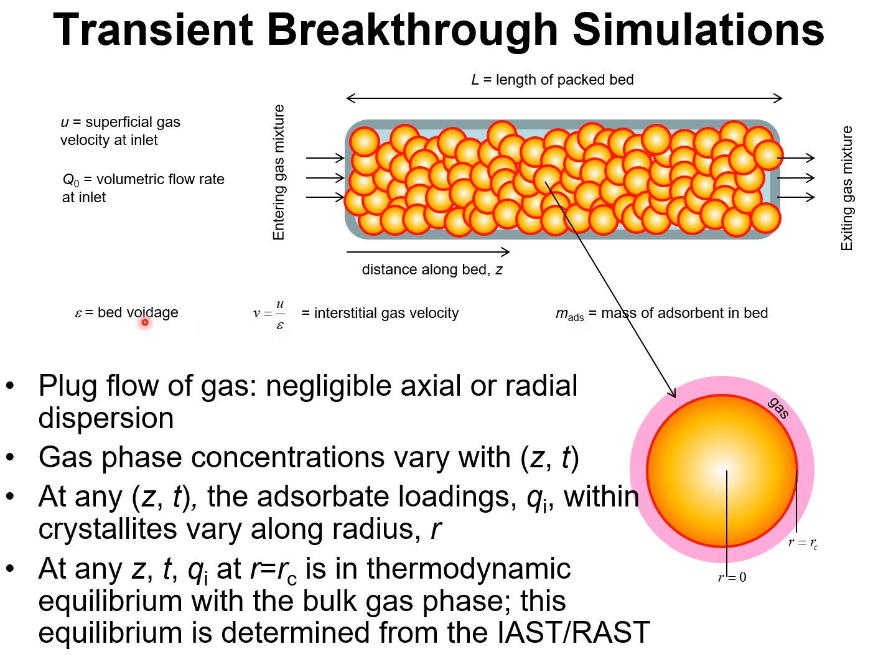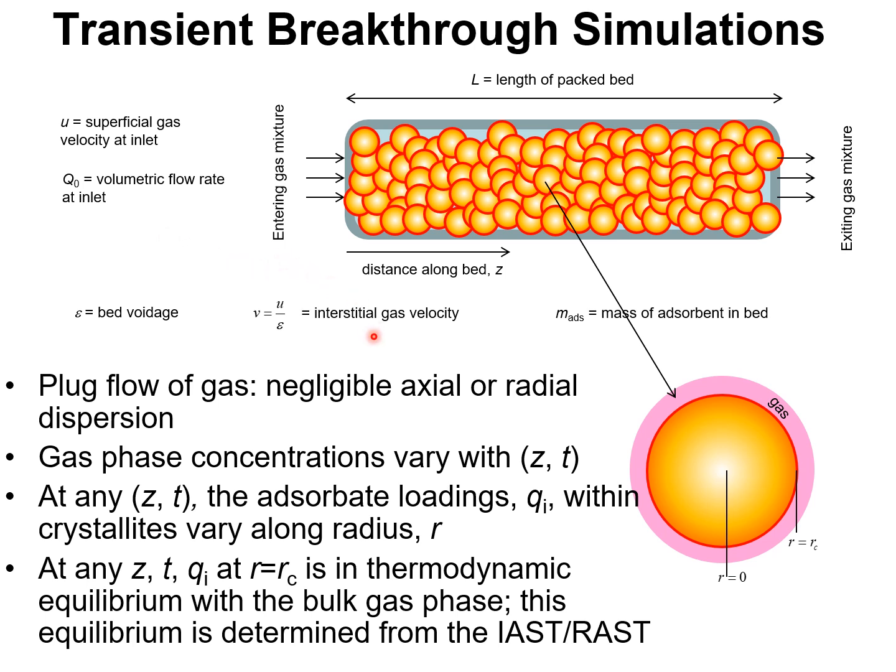The bed voidage is epsilon. The gaseous mixture enters at a superficial gas velocity of u. Q sub 0 is the volumetric flow rate at the inlet, say in units of liters per second.